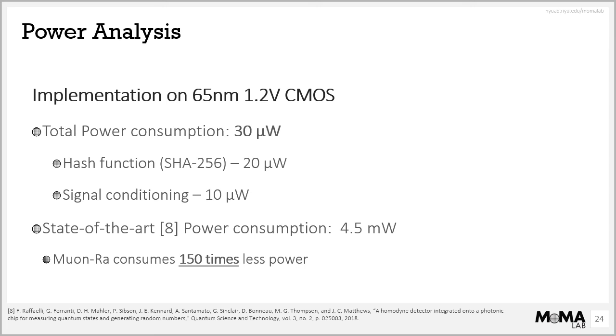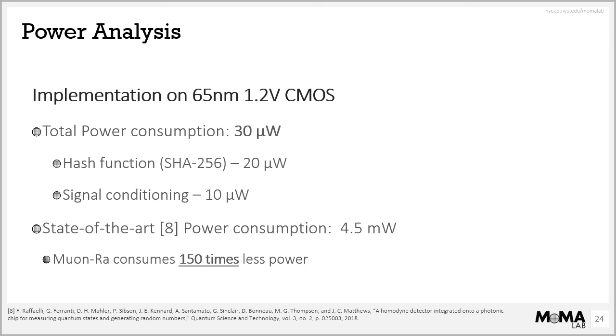What we identified is that the debiasing circuitry, when realized using the SHA-256 hash function, consumes around 20 microwatts, and that regarding the analog signal conditioning, the circuit can be as simple as a CMOS inverter-based amplifier, meaning that its output can be fed as a clock to a D flip-flop for detection.